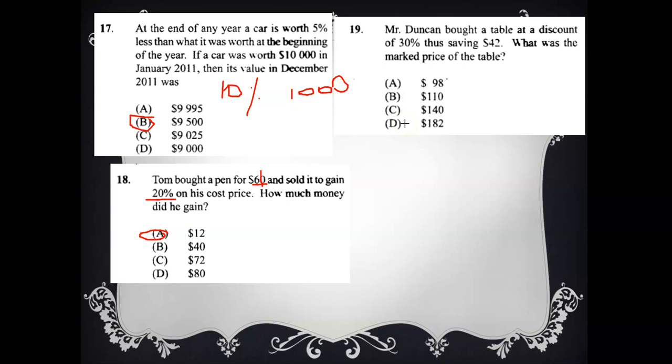Question 19. Mr. Duncan bought a table at a discount of 30%, thus saving $42. What was the marked price of the table?